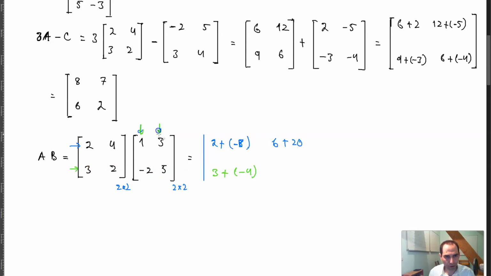And moving to this column, you have 3 times 3 is equal to 9, and 2 times 5 is equal to 10. So you have 2 plus negative 8 is negative 6, that is 26, that is negative 1, and 19.